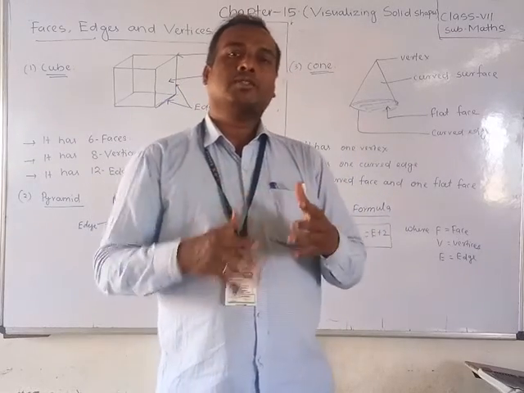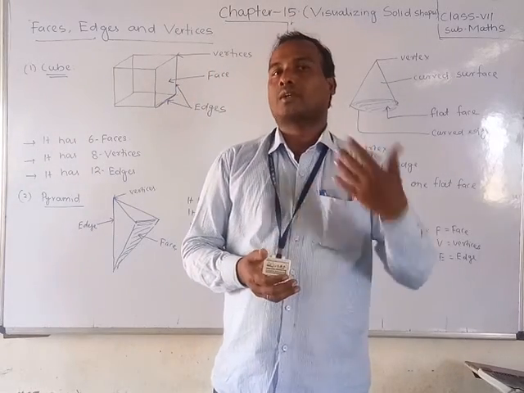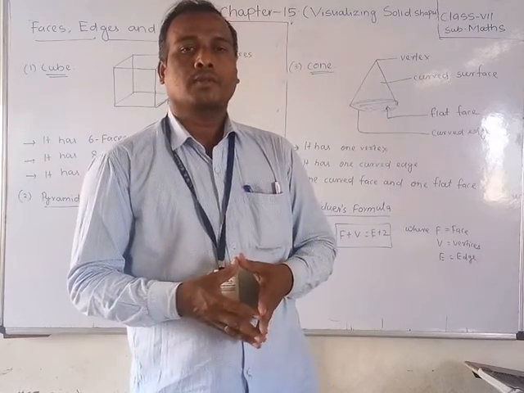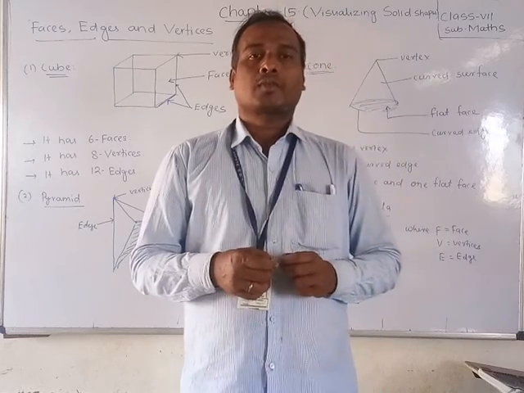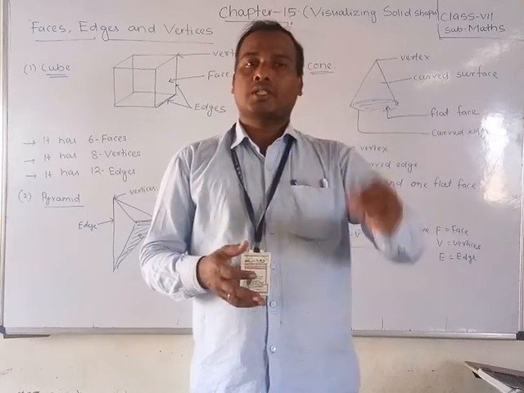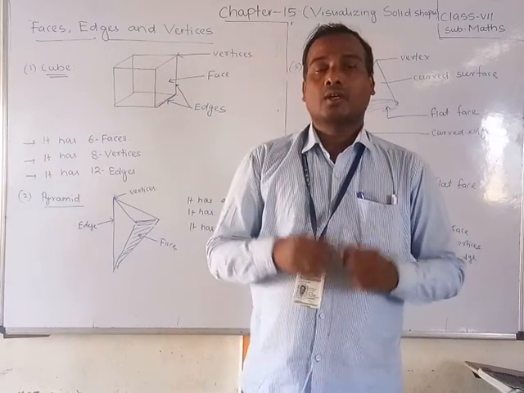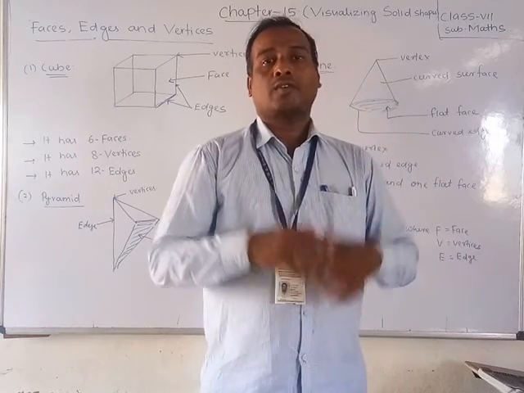Different solids have different numbers of faces, different numbers of edges, and different numbers of vertices. So first of all we have to identify which one is the vertex, which one is the face, or which one is the edge of a solid figure.